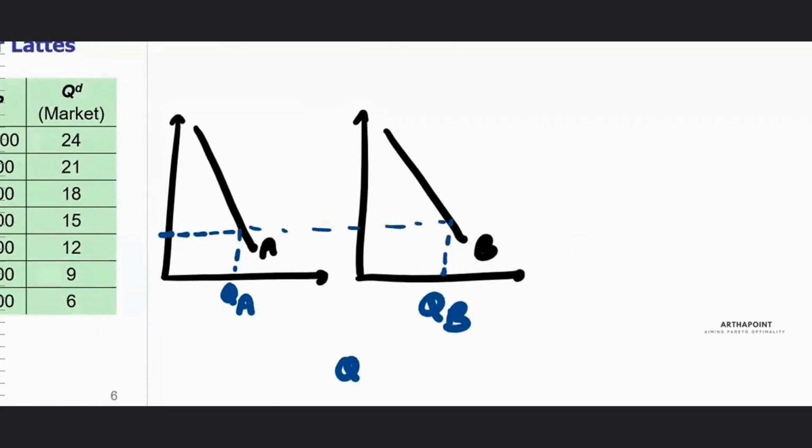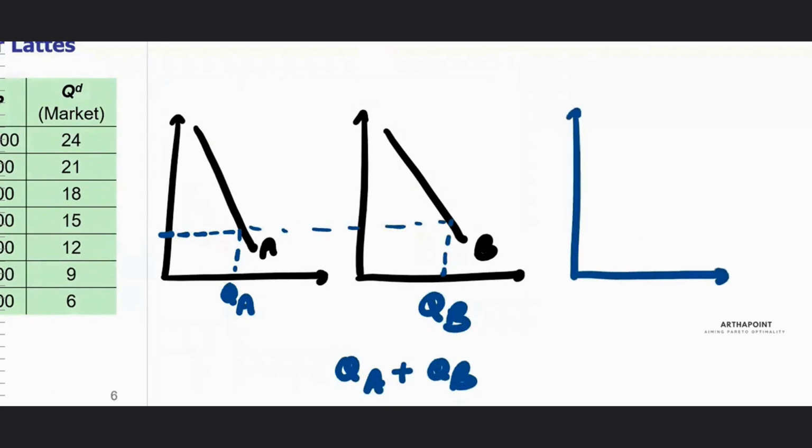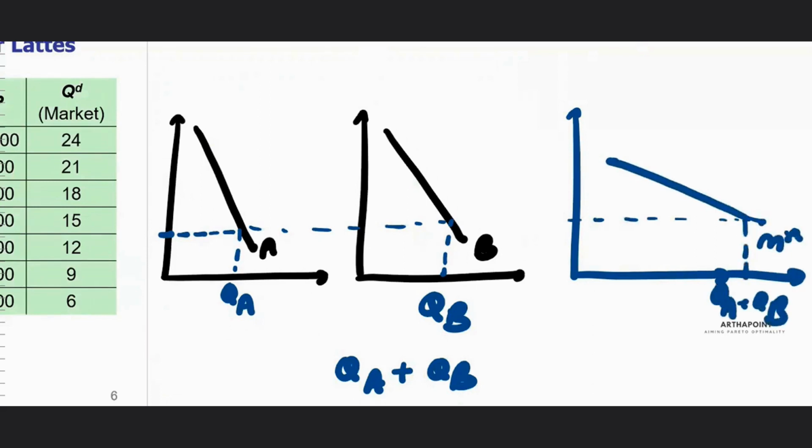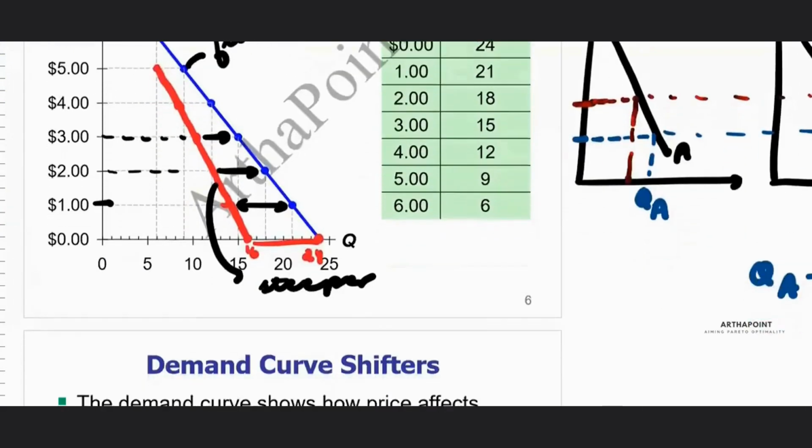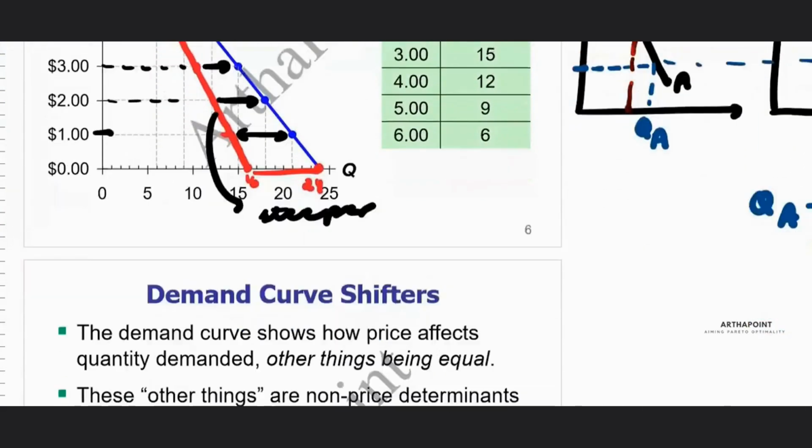We add A plus B at that price, and after adding them together, we get how much the market is demanding, which is going to be QA plus QB. Again, at any other price, we find how much A is demanding and how much B is demanding, and we add them together to get how much the market is demanding. So the market demand is basically adding the demand of two individuals.